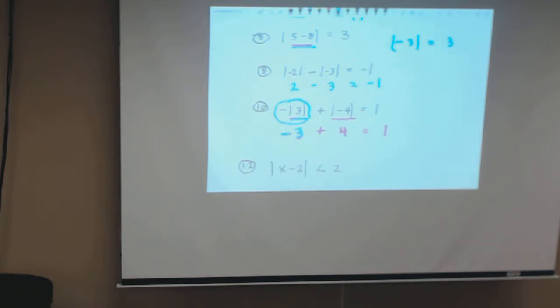So I do the absolute value of 3, which is 3, then put a negative in front of it. Then I'm going to add what? The absolute value of 1 minus 4. What's 1 minus 4? Negative 3. What's the absolute value of negative 3? 3. You follow that? So I put 3 down here. And then I have negative 3 plus 3 equals 0.